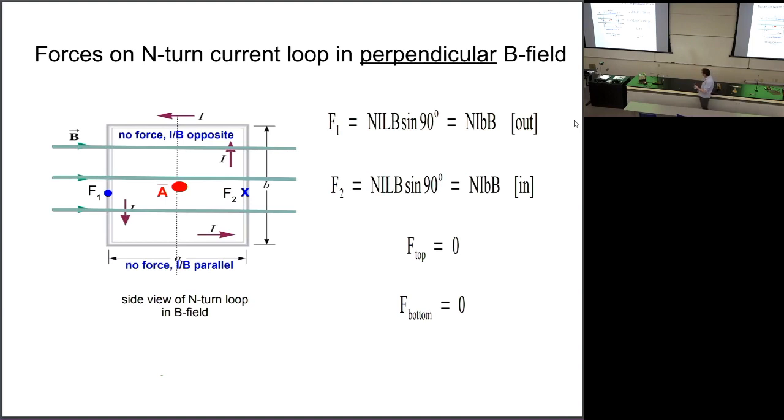Let's take a look at the picture first. There's quite a bit of information on the picture, and then we'll turn the picture into some equations for the forces on the loop. So in gray here is the rectangular loop. It has a certain width, called A on this picture. It has a certain height, denoted B on this picture.